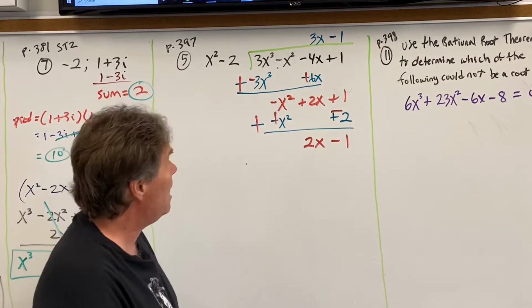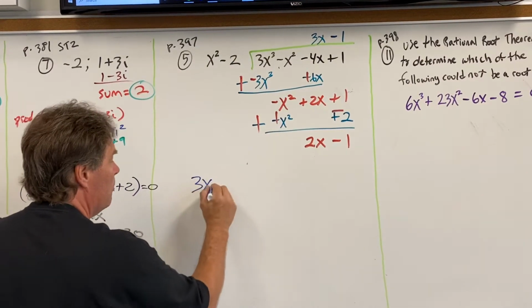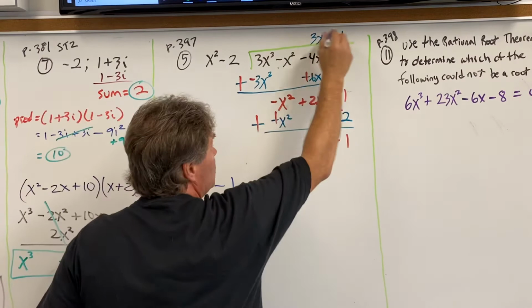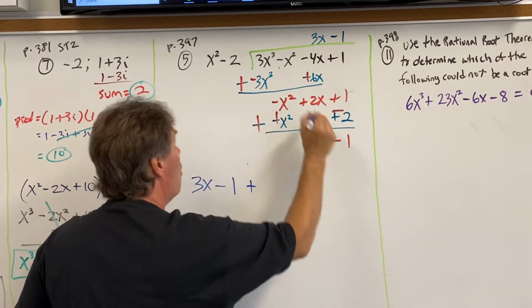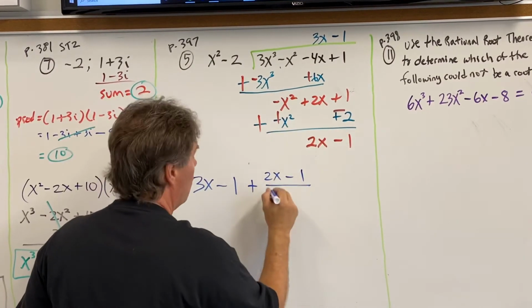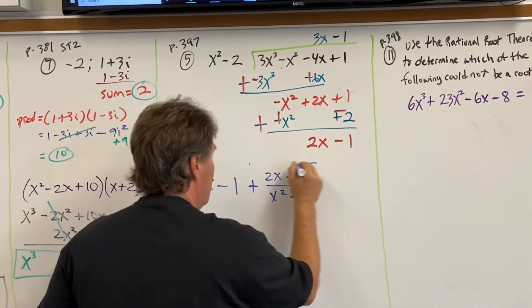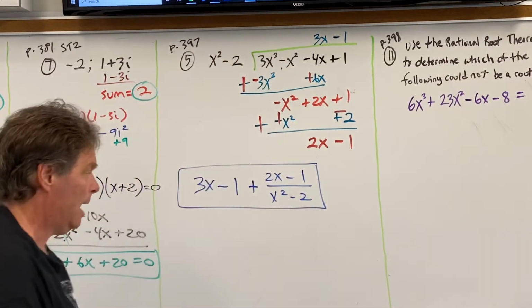How do we deal with that? We write 3x minus 1. That's the division part. And then what's the leftover? Plus this over this. That's how you write the remainder. This over x squared minus 2. That is the answer to this divided by that.